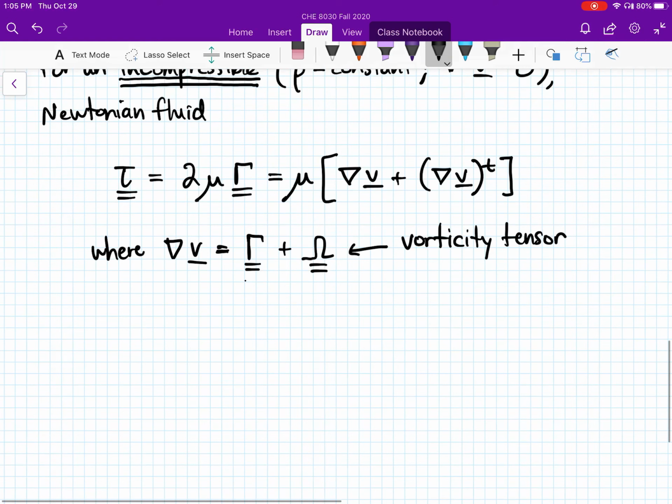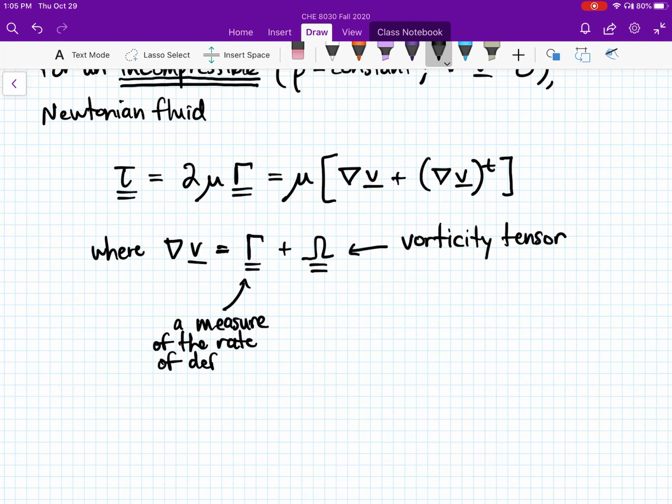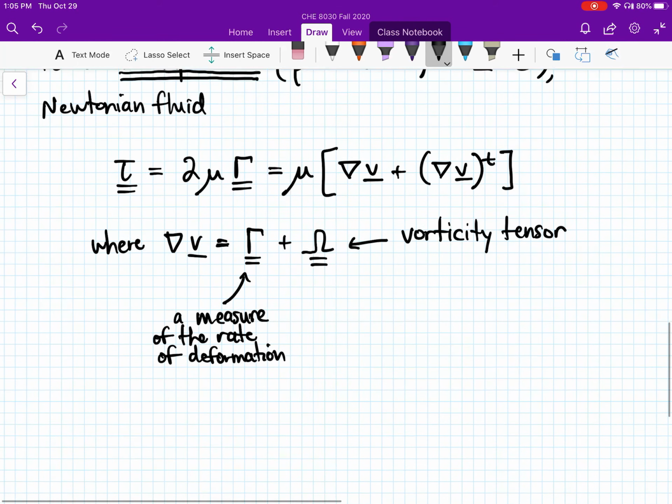The rate of strain tensor gives me a measure of the rate of deformation.